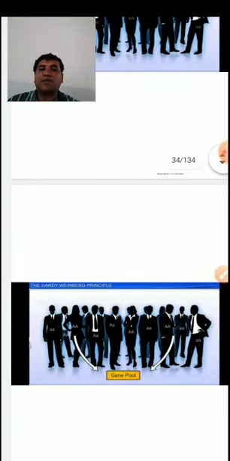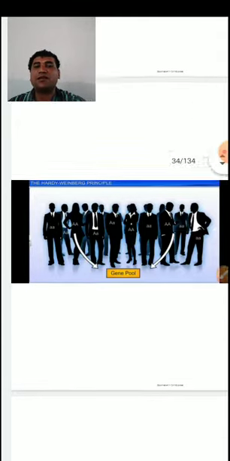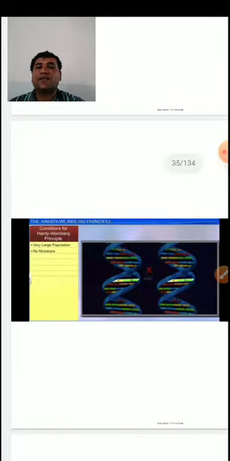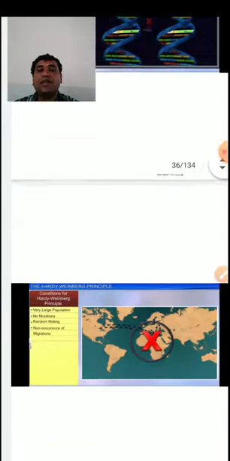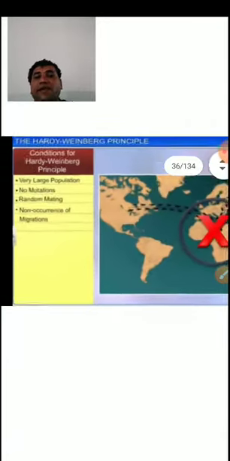Because of this, the Hardy-Weinberg law tried to explain that the gene pool is the sum total of all genes present in a sexually reproducing organism during a given period of time. For example, over 50 years, the gene pool of India is the complete population with their genetic abilities.